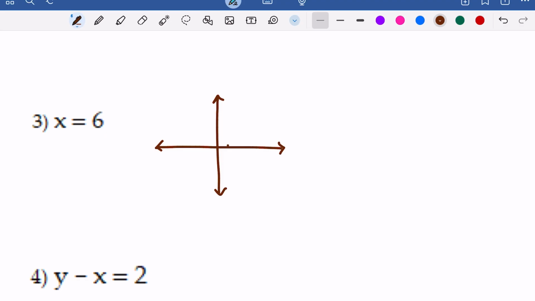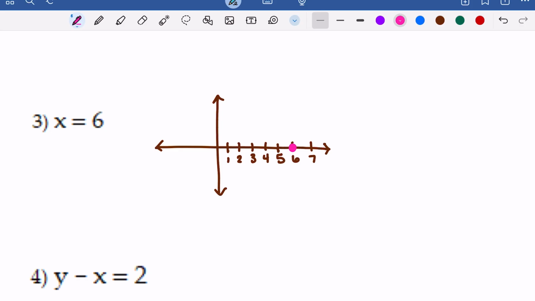So 1, 2, 3, 4, did not make that big enough. Let's make it a little bit longer. 5, 6, 7. Now, x equals 6, well, that would be right here.